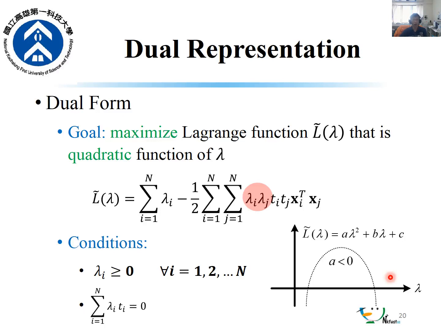Accordingly, the problem of margin maximization equals to the one of maximizing this Lagrange function. And according to previous discussion, there are two conditions on lambda. The first one is lambda I is greater or equal to 0 for all I, and the second is the sum of lambda I Ti over I is equal to 0.